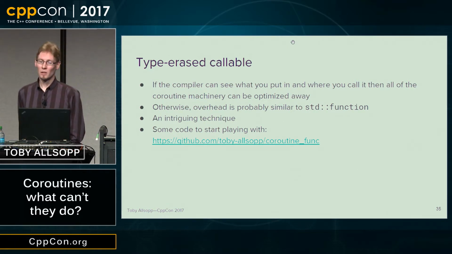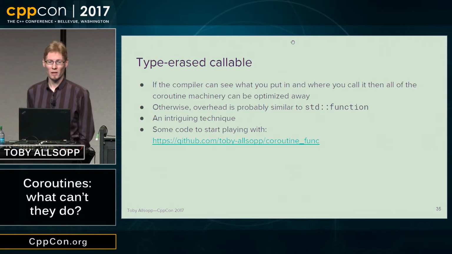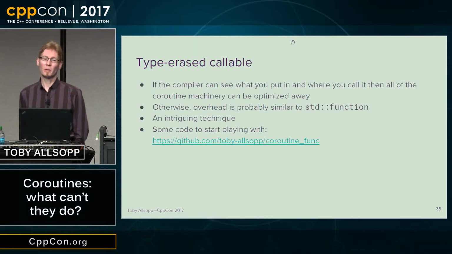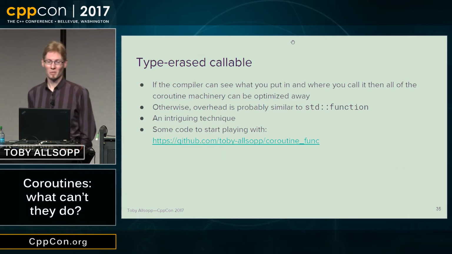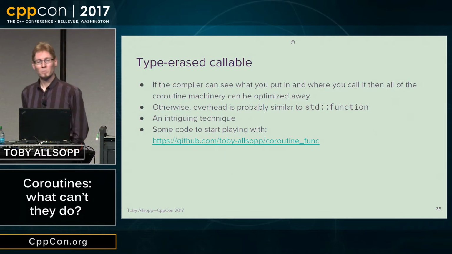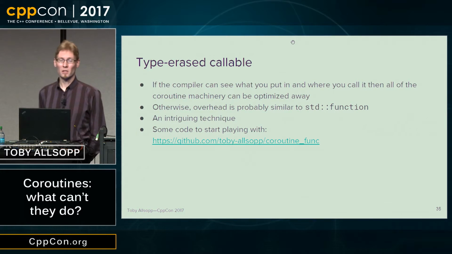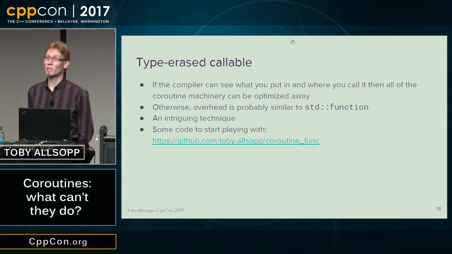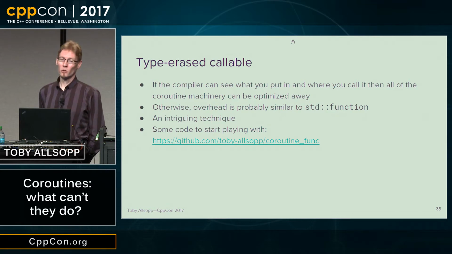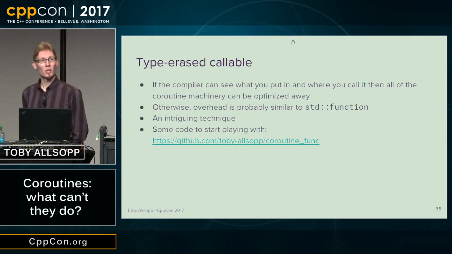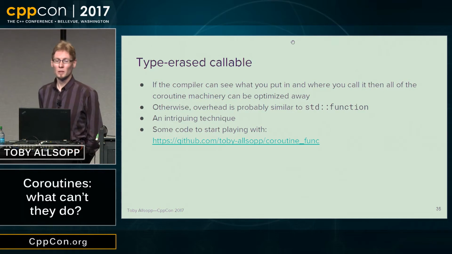It's quite a cool thing to see. When I say the compiler, I mean Clang currently, but hopefully other compilers in the future as well. Otherwise, if the compiler can't see everything, it's going to have overhead. It's going to have dynamic allocation. It's going to have essentially virtual dispatch in there, so it's not going to be much different to std function.